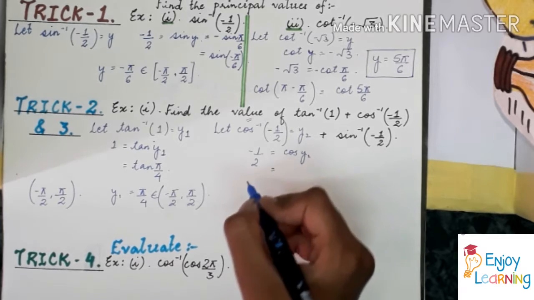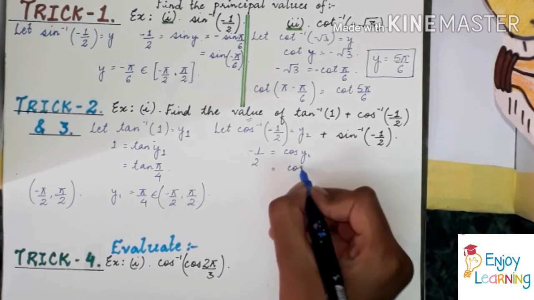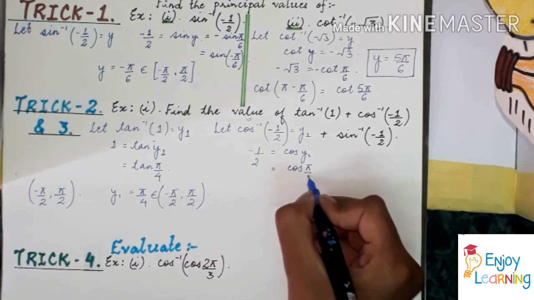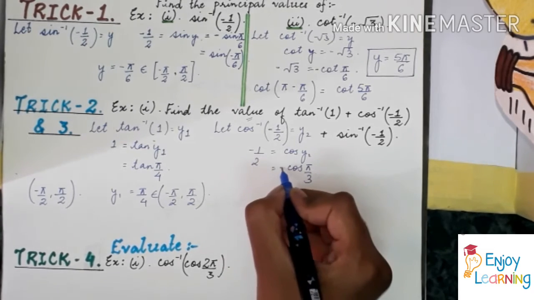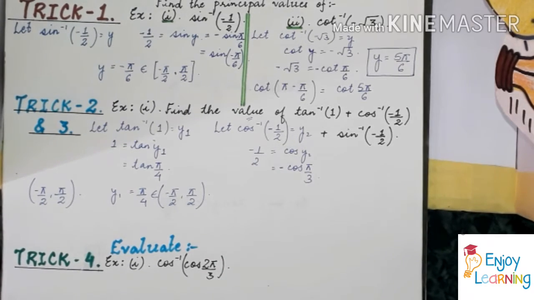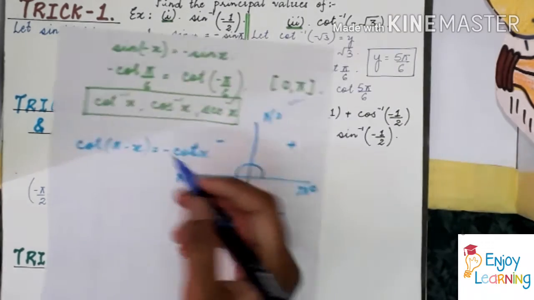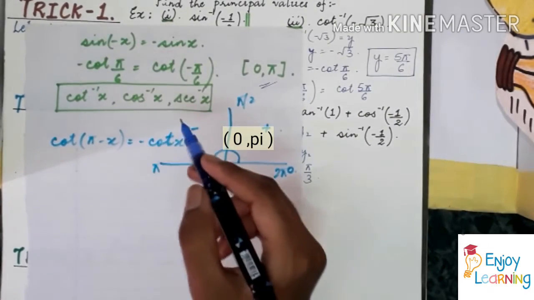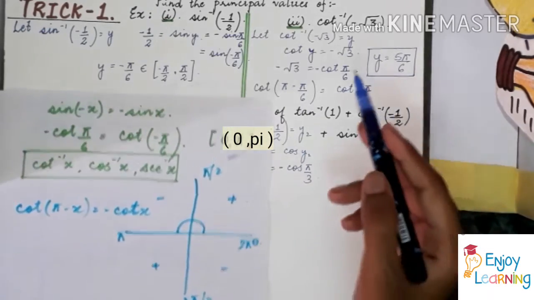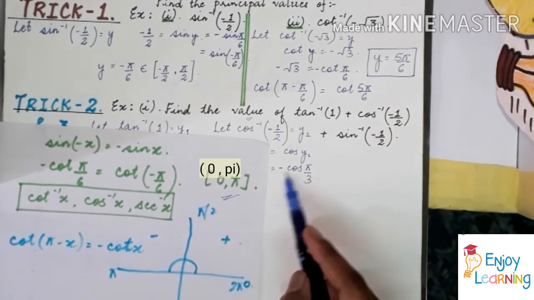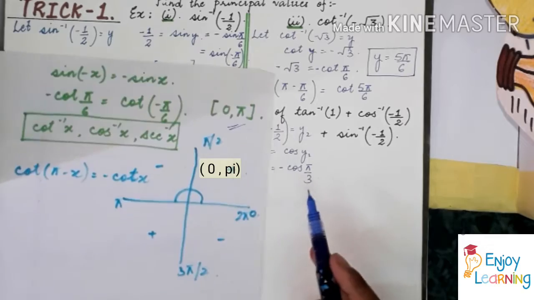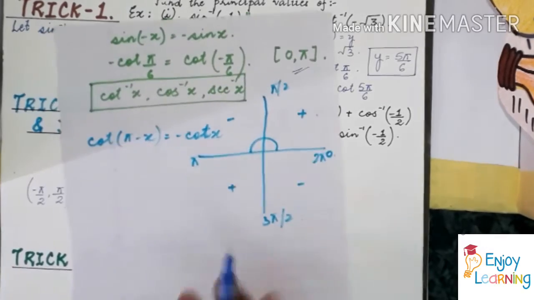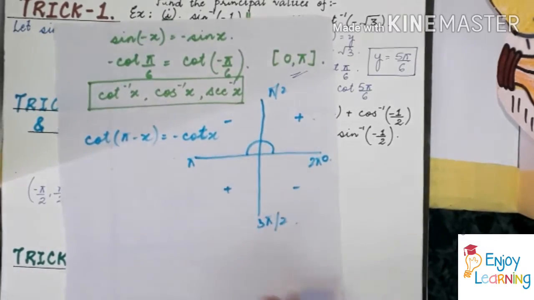So cos is 1 by 2 at pi by 3. So minus 1 by 2 is minus cos pi by 3. So I have told you that in case of cot, cos and sec, whenever you get a minus in this form, you have to use the graph system, means you have to use these properties.